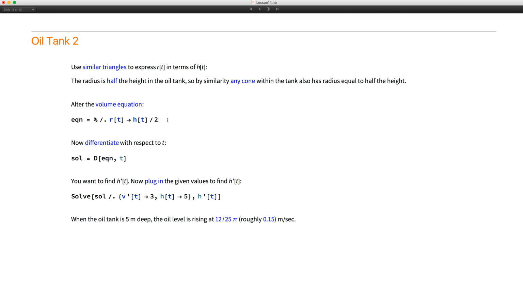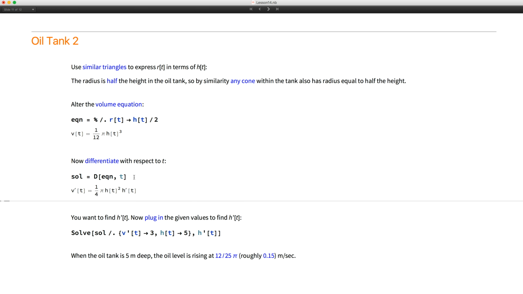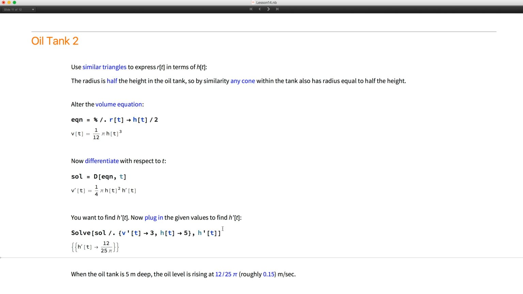So here's the volume equation with that relationship. You differentiate it and you plug in values, and you find that the oil level is rising at 12 over 25 pi meters per second.